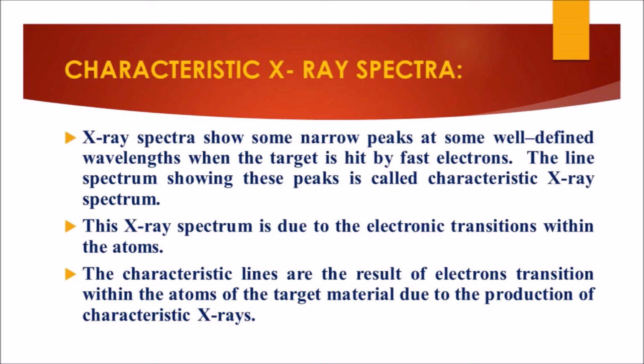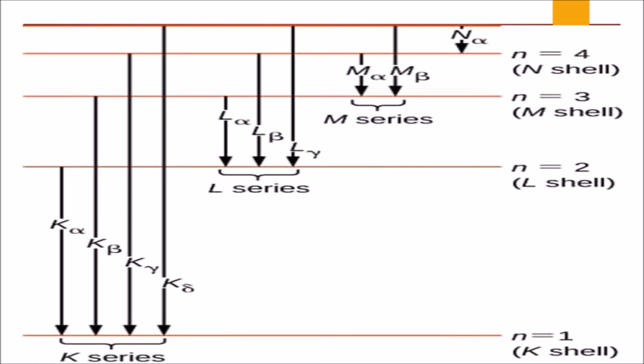The characteristic lines are the result of electron transitions within the atoms of the target material, due to the production of characteristic X-rays. This figure shows the X-ray spectrum is due to the electronic transition within the atoms.